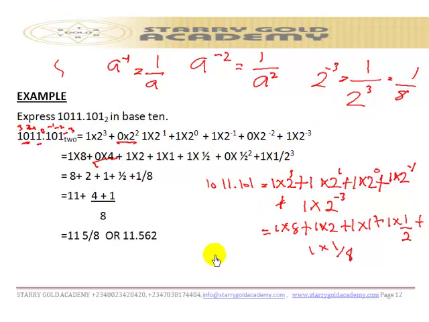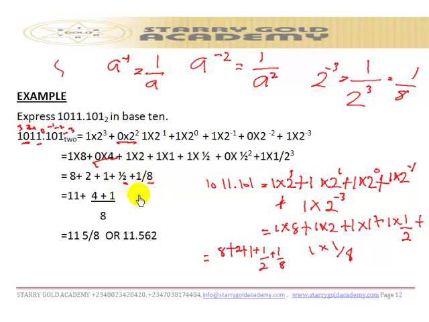So 8 times 1 is 8. 2 times 1 is 2, plus 1, plus 1 over 2, plus 1 over 8. And then you find the LCM of 2 and 8.